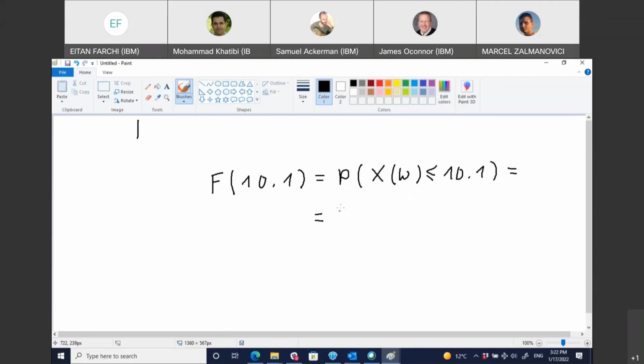So this is the probability of getting the set 1, 2, 3, 4, 5, 6, because the value of the random variable on 1 is 1, on 2 is 2, on 3 is 3, on 4 is 4, on 5 is 5, on 6 is 6, all of them less than 10.1. So the probability of this is 1. Okay? Is that clear?